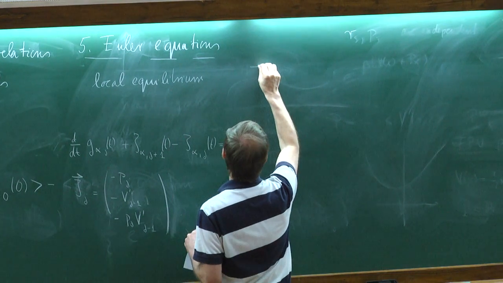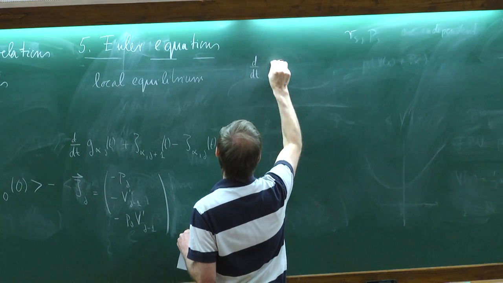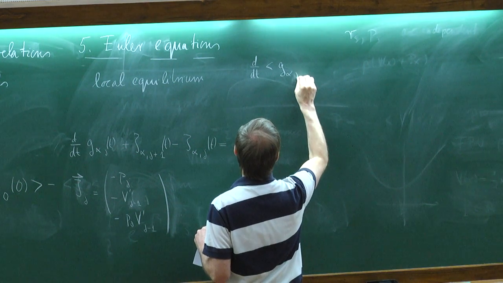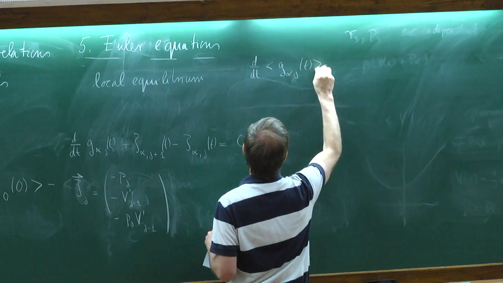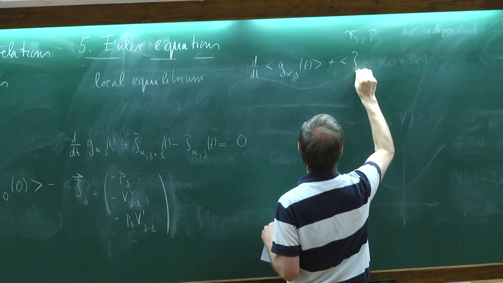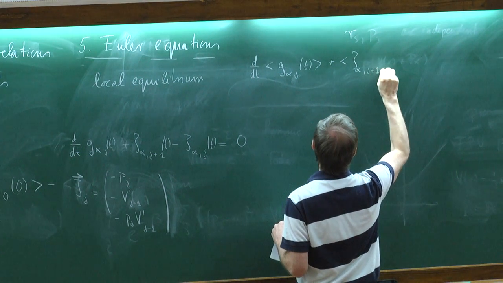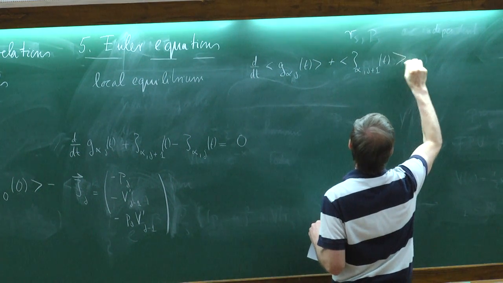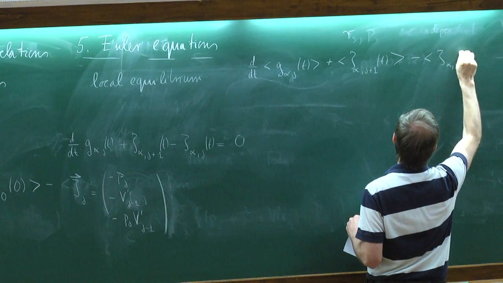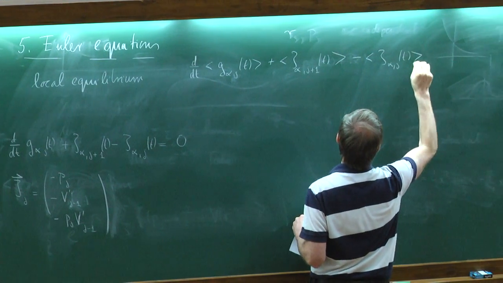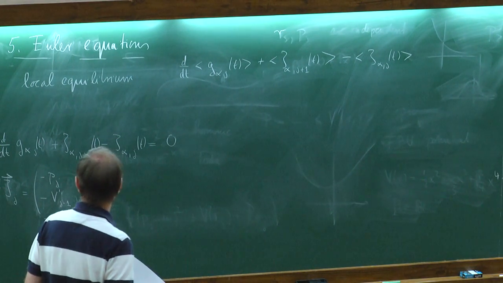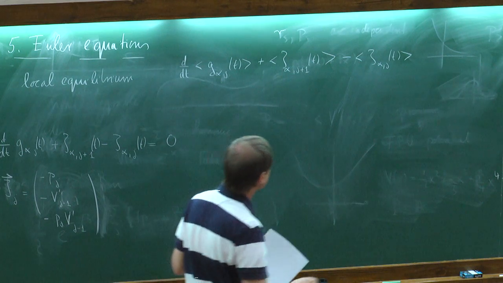Okay, and so I get d/dt of this local equilibrium average alpha j at time t plus the average of this current alpha at j plus 1 at time t minus the current at j. Okay, so I haven't done very much.